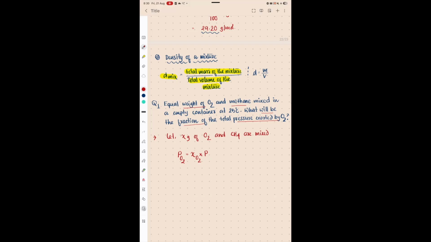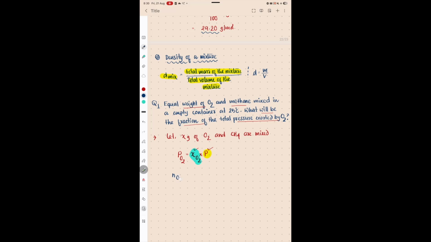So now we need to find the mole fraction of O2 and the total pressure of the system after mixing, right? So basically we need to find the mole fraction of O2 for the system, right? So how will we find this? Basically a very simple thing.